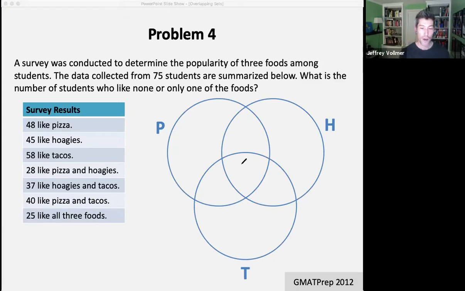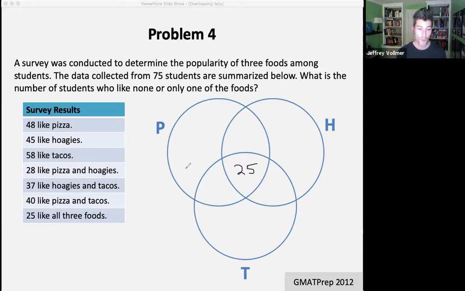25 people like all three. They're going to go in this special spot in the middle. Let's work up the graph. 40 people like pizzas and tacos. Now be careful. It doesn't say 40 like only pizza and tacos. It says 40 people like pizza and tacos, and so they're also allowed to like hoagies.